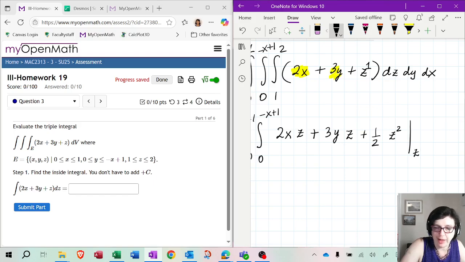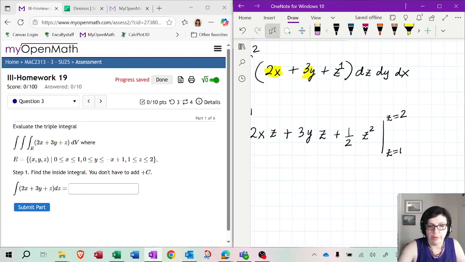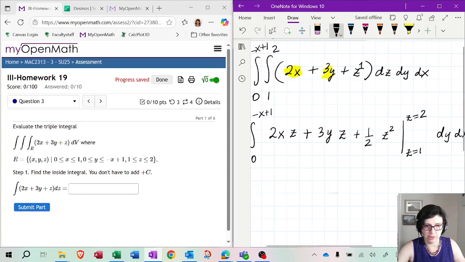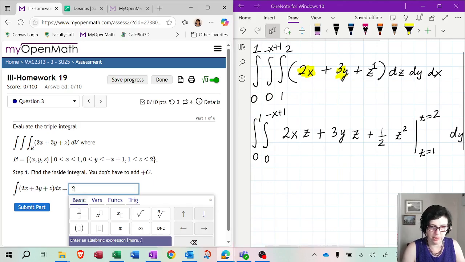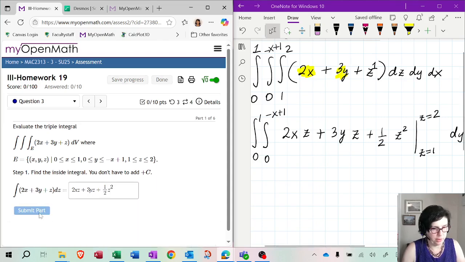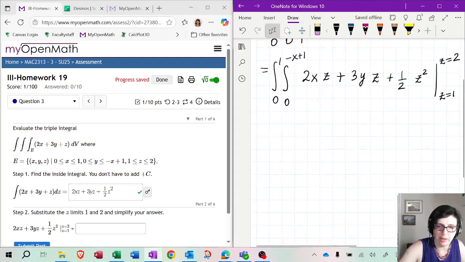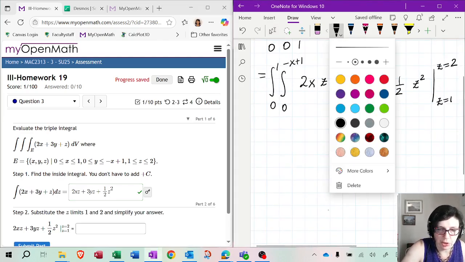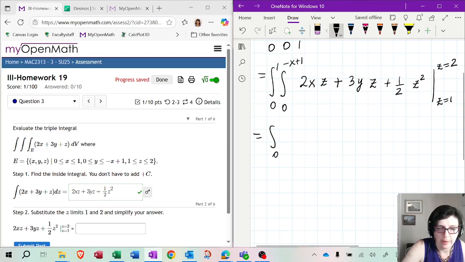So here we have to put z equals 1, z equals 2, because there are 3 variables, and you can certainly mess up here. So this is still dy dx. Okay, so let's fill out this step, and then we're going to move on to substituting the limits. Substitute for z, and always start with the top limit.